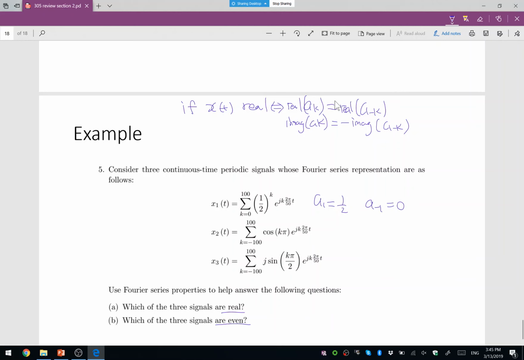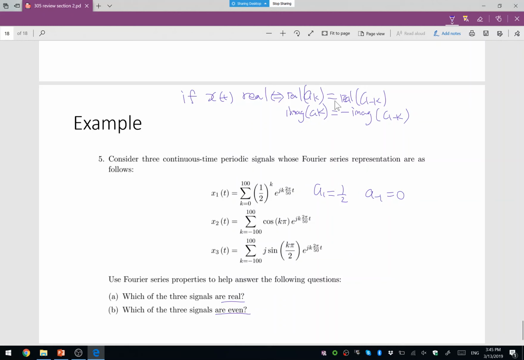For the second one, you have a_minus_k equal to cosine of minus k pi, and cosine is symmetric, so it is the same as cosine k pi, which is a_k. So the real part is even.